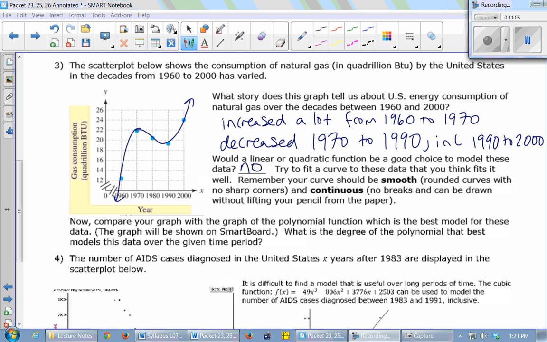And that thing is a cubic polynomial. So the degree of the polynomial that best fits is actually going to be a cubic. Degree 3. So it kind of looks like x cubed in the end behavior, right? It's got one arm up and one arm down, kind of like x cubed.